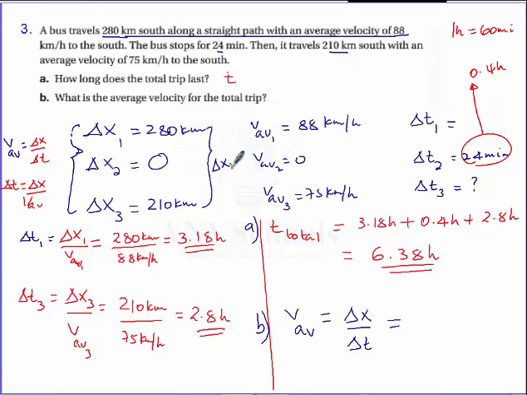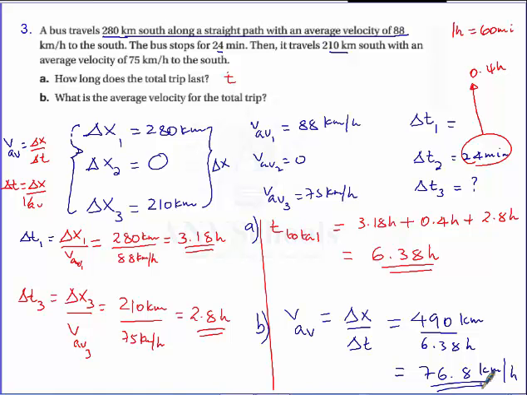So the total distance traveled is 280 plus 210, which is 490 kilometers, divided by the total time, 6.38 hours. Take a calculator and divide 490 by 6.38, which is 76.8 kilometers per hour. This is the average velocity of the bus.